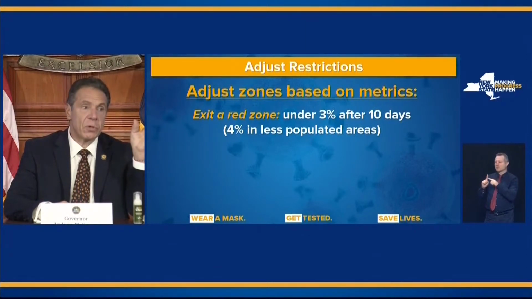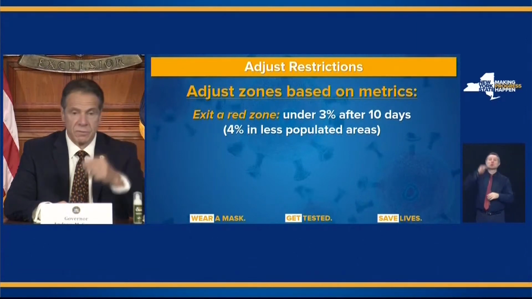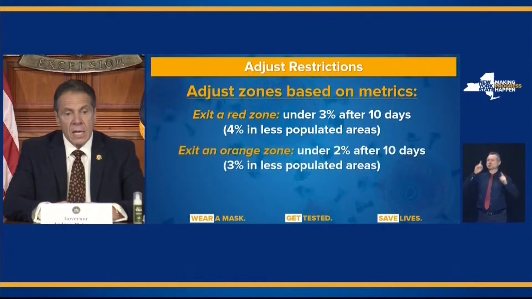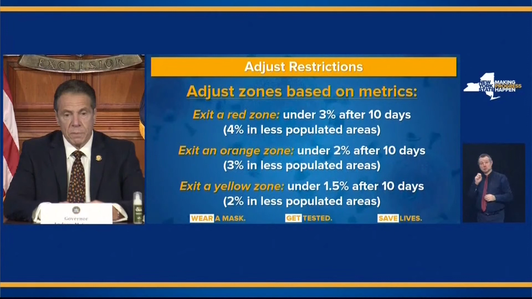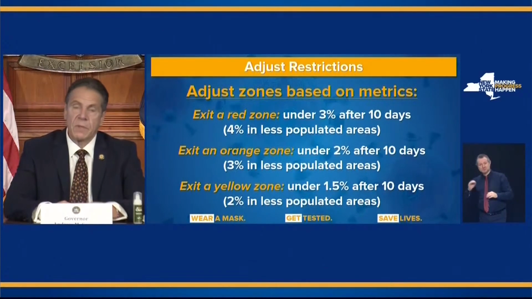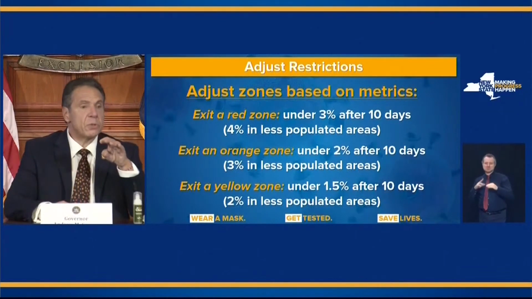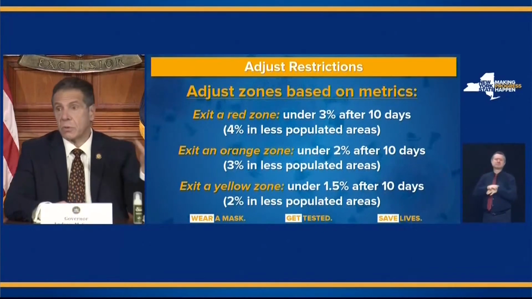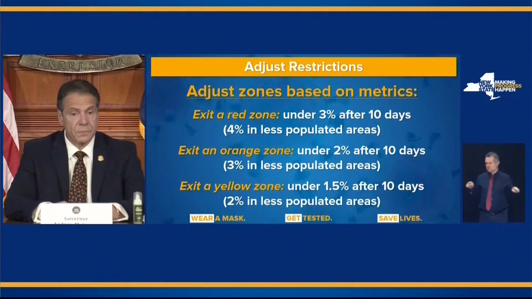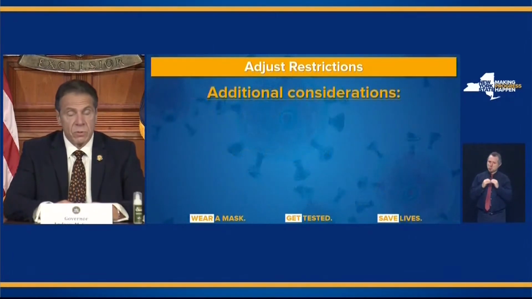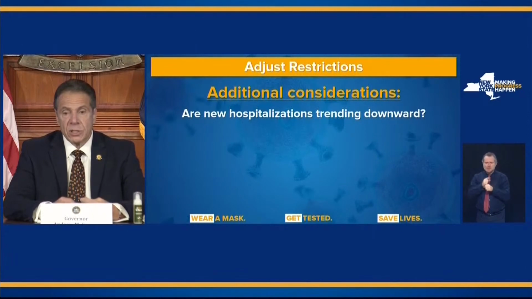If you're in the middle of the North Country, you have another factor for spread. An orange zone, under 2% after 10 days, 3% in less populated areas. A yellow zone, under 1.5 after 10 days, 2% in less populated areas, right? So the differential between a populated area and a less populated area is also a more sophisticated analysis tool, but it's also inarguable.